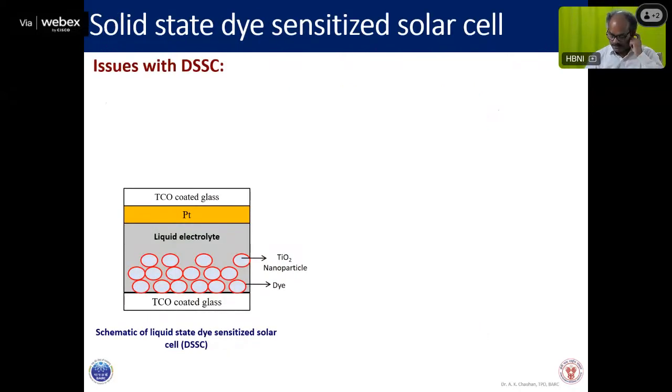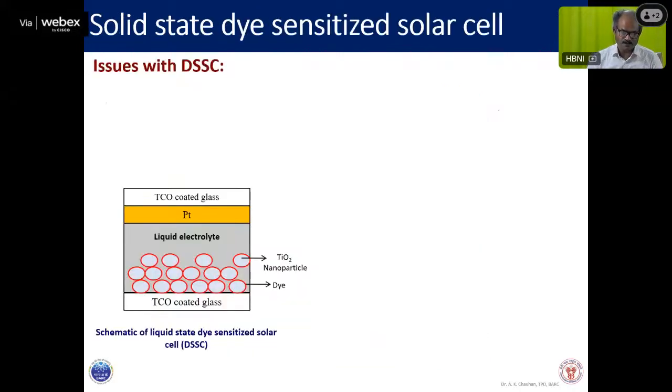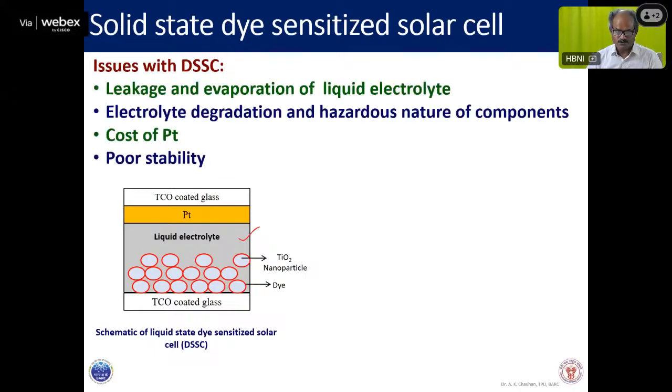So that was the DSSC. What are the problems with the DSSC? The biggest problem is the liquid electrolyte. It can leak, it can evaporate, and that is the problem everybody is facing. That is the reason why research on DSSC has reduced, because perfect sealing is not possible.